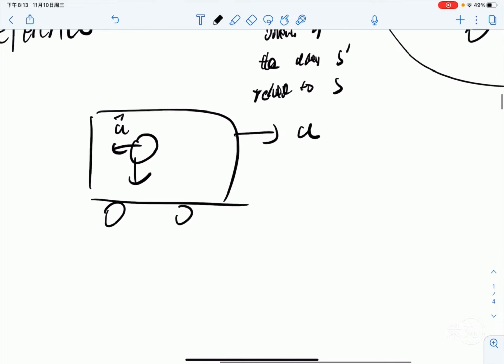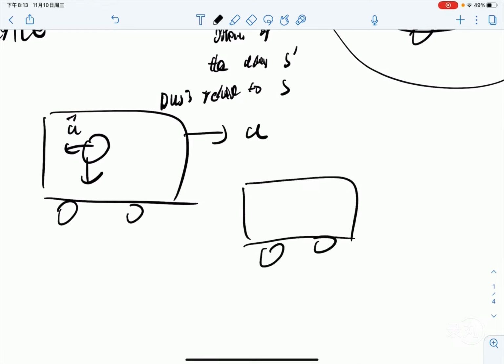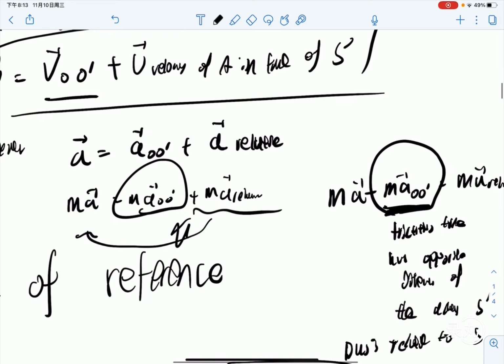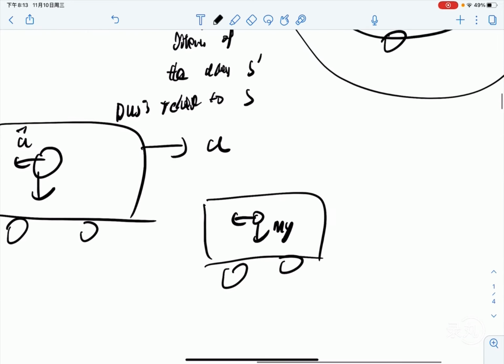And basically, in the bus frame of reference, the car is still, and the apple is dropping, and experiences a gravitational force and a fictitious force pointing to the left. So basically, this fictitious force is useful when describing physical phenomena in the accelerating frame of reference.